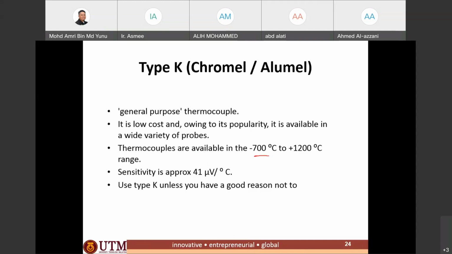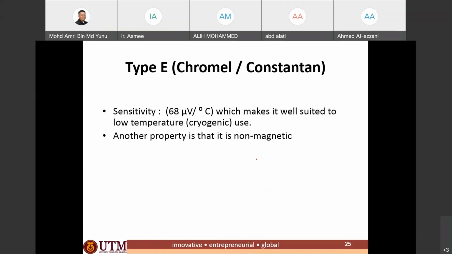Then we have the chromel constantan. This has a higher sensitivity, which might be well suited to low temperature, and it may be suitable to use in applications that involve magnetic field generation.